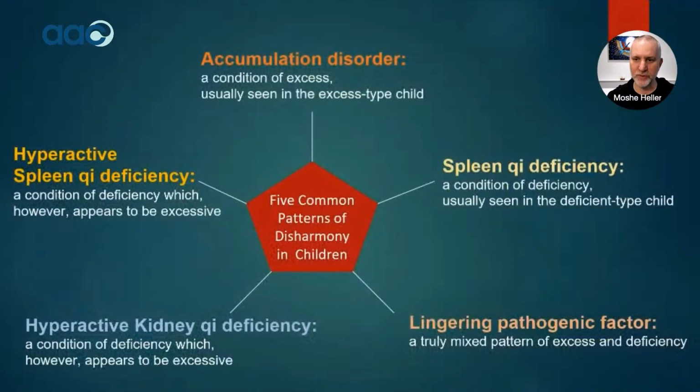It comes from Julian Scott and his book The Treatment of Pediatrics with Acupuncture, that there are five common patterns of disharmony in children.